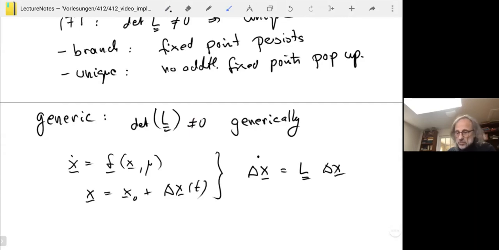As we change mu, what could happen is that the determinant is not 0, and at some point the determinant goes through 0. At that point, an eigenvalue changes sign, and the implicit function theorem doesn't hold, and you can have a change in the number of solutions. So the number of solutions can only change when an eigenvalue goes to 0, which means the stability of the fixed point you were talking about changes.